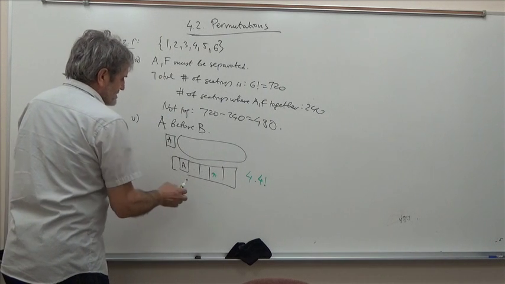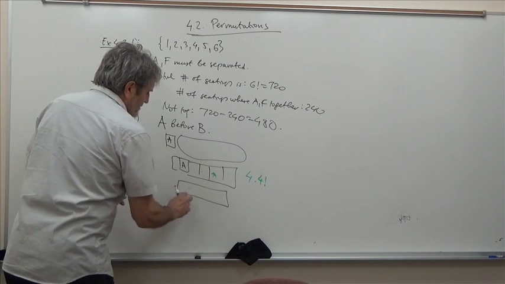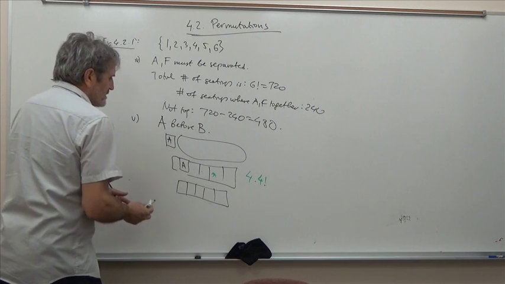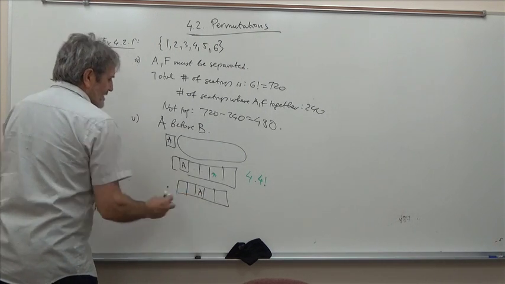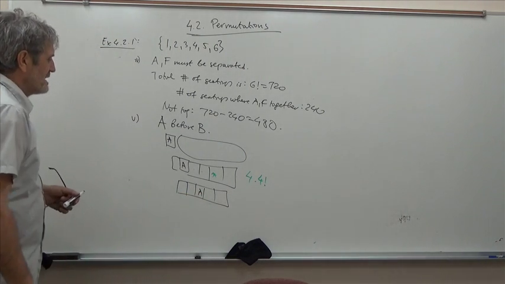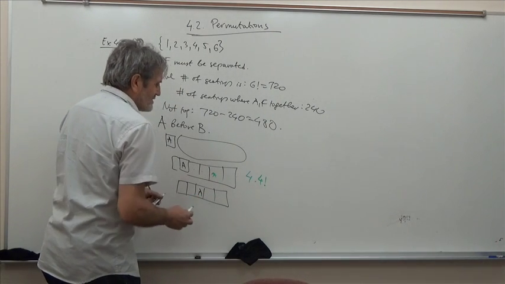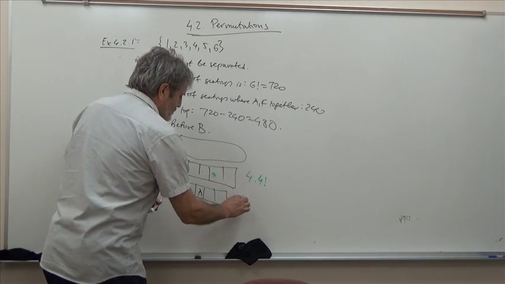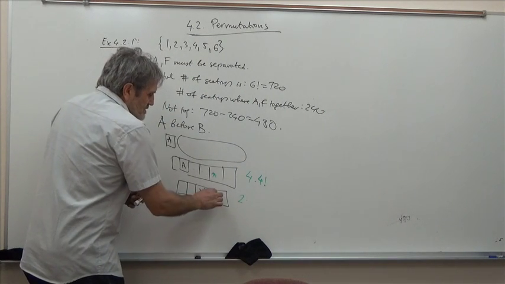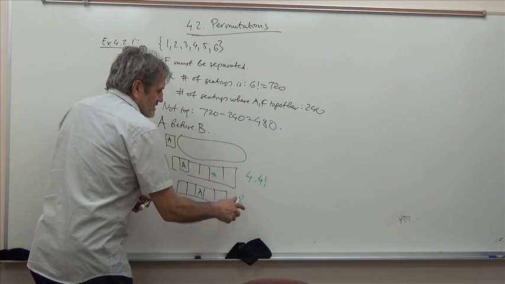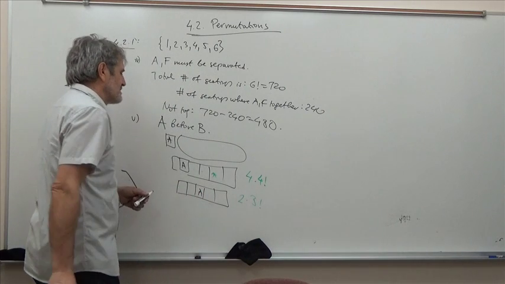And then when A is on third, as I said, you can see the details in the notes, but that's basically what it is. If A is here, then again, for B you need to choose one of these spots, so that would be 2 different ways. Once you choose B, wherever it is, these other 3 spots are for the other guys.